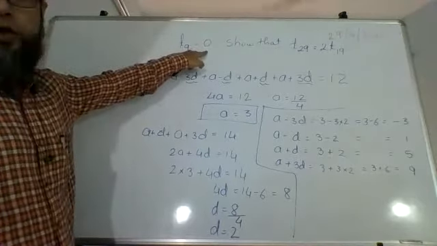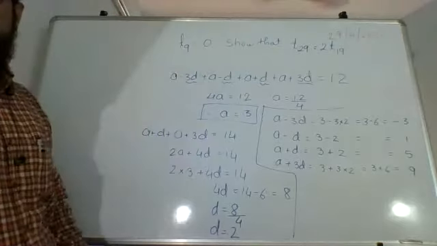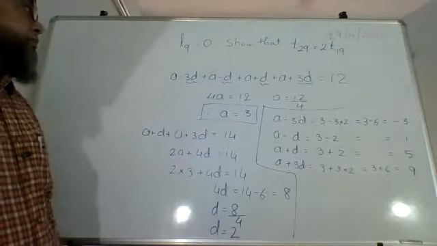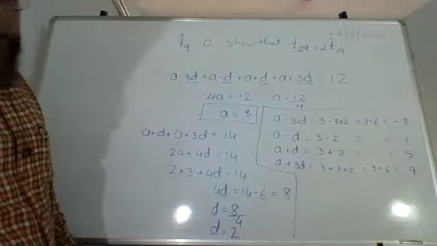T9 equals 0. Show that T29 equals 2 times T19.